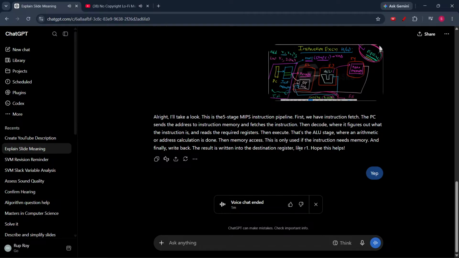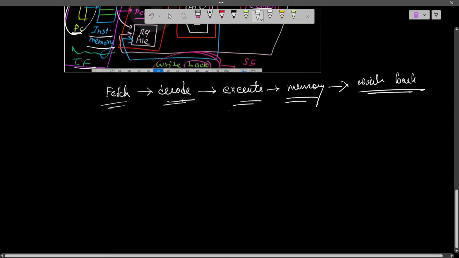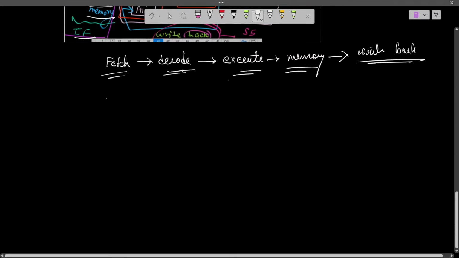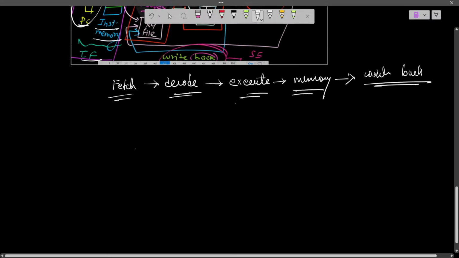So this picture is defining nothing very complicated. It's just the chronology of steps that goes on in pipelining. Okay, let's move on. It's just the beginning. We will understand how things work under the hood. It's a five-stage pipeline.